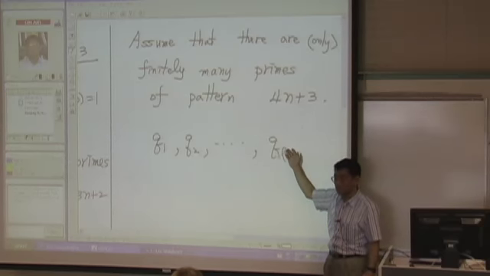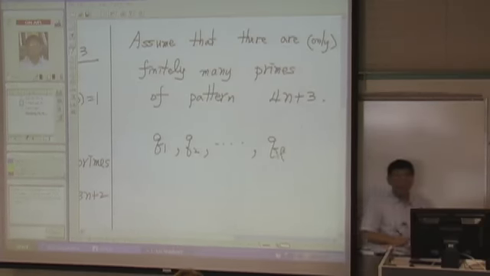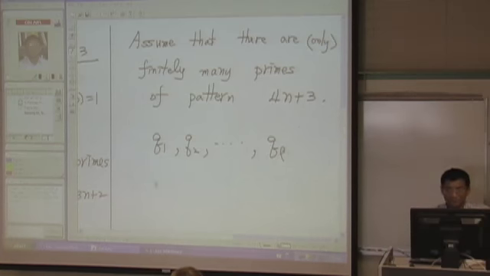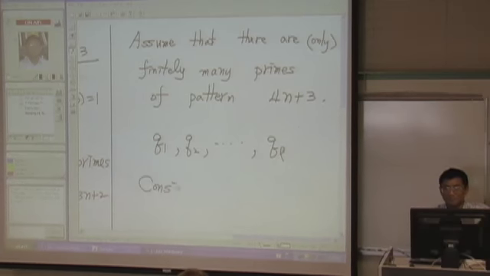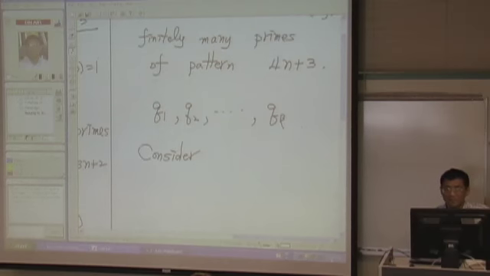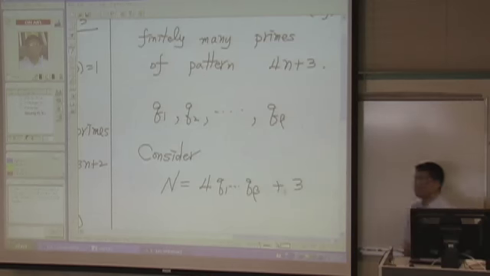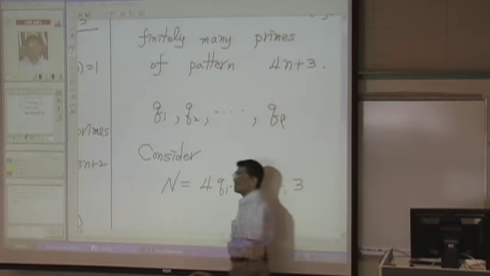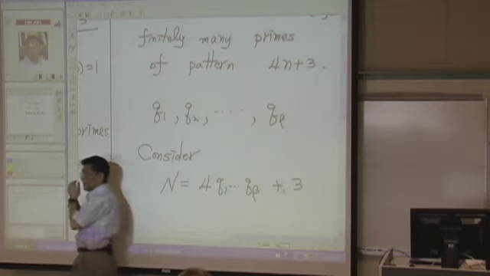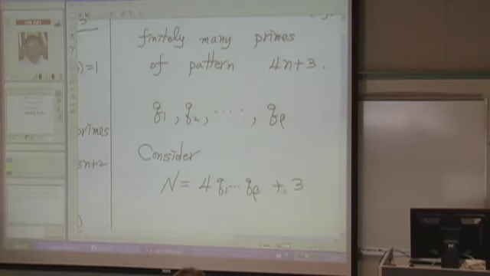So this is the key. Then what is it? Consider a number N which has 4 times all these numbers, q1 up to q beta. So I multiply all these numbers and 4 and then plus 3. So consider this number. Then what happens? What happens?